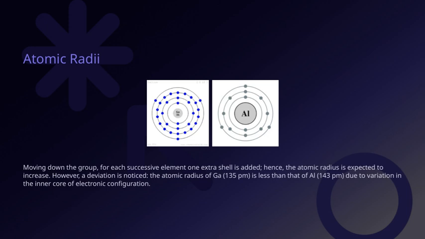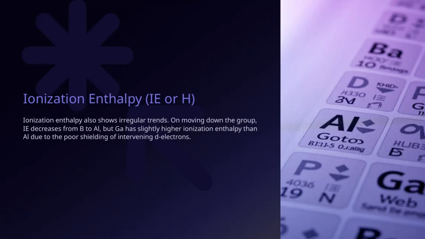atomic structure influences behavior. Let's talk about ionization enthalpy, which interestingly shows some irregular trends. As we move down the group, you'll notice that ionization energy generally decreases from boron to aluminum. However, an exception occurs with gallium, which actually has a slightly higher ionization enthalpy than aluminum.